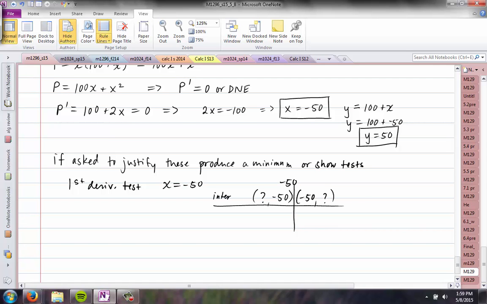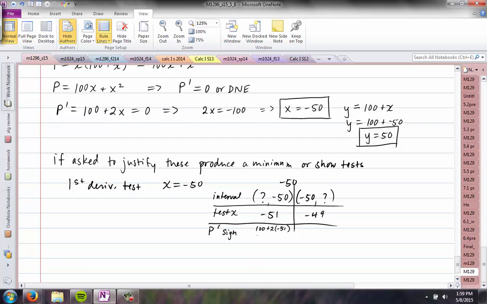The next thing is finding a test value. I'm going to pick negative 51 and negative 49. And then your derivative, p prime, what's its sign? Then we'd have 100 plus 2 times negative 51.